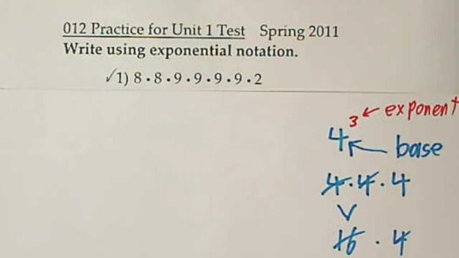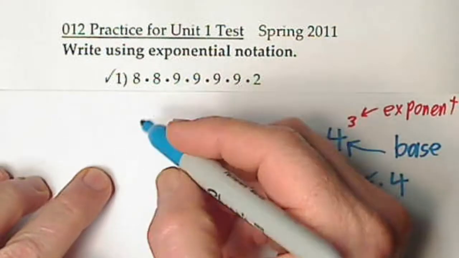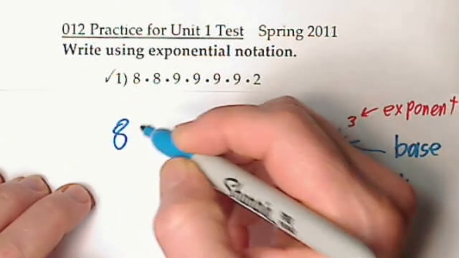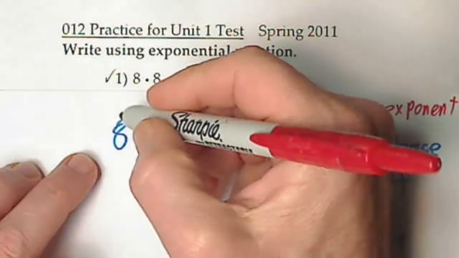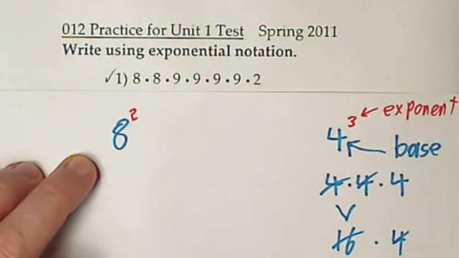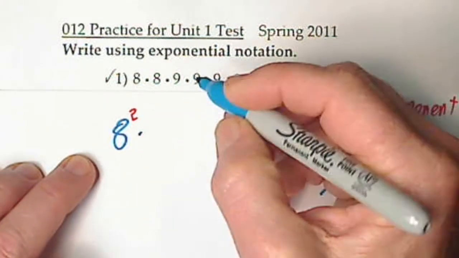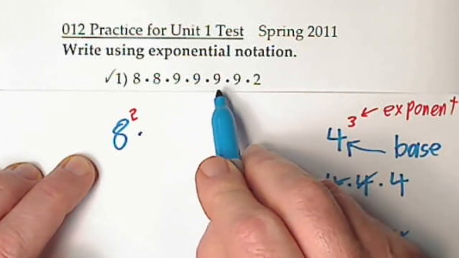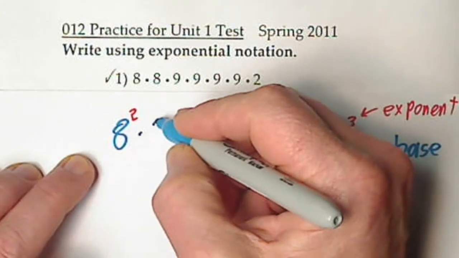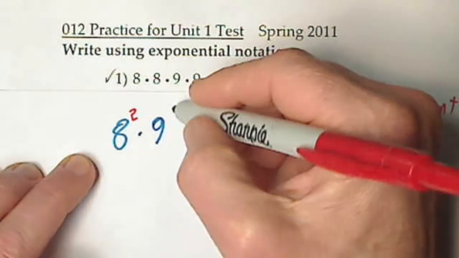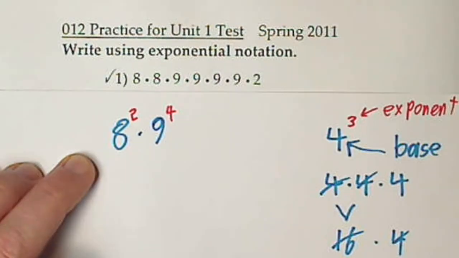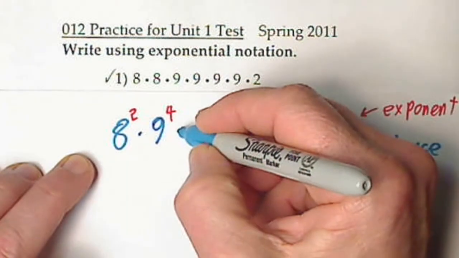So we have 8 times 8. That would be written as 8 to the second power. Times 9 to the fourth power, and then you just have 2 there.